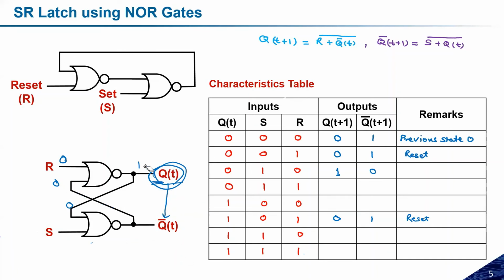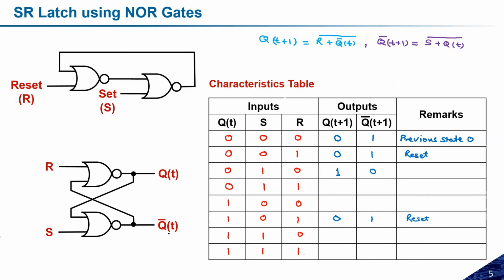So the second NOR gate will reflect its output, and once this qt bar becomes 0, that will be considered as an input for the second NOR gate, and then qt will be reflected. Based on the formula, it looks like both should be 0, but it is also important that both should be complementary in nature.